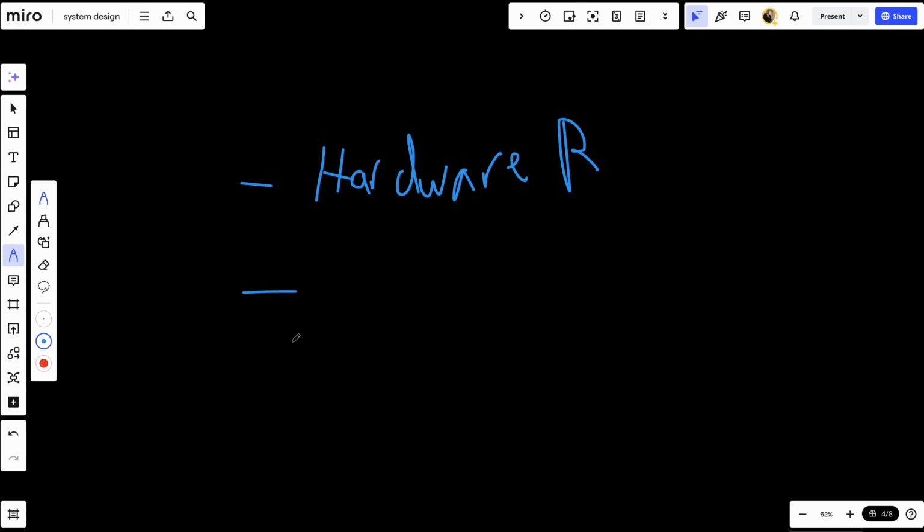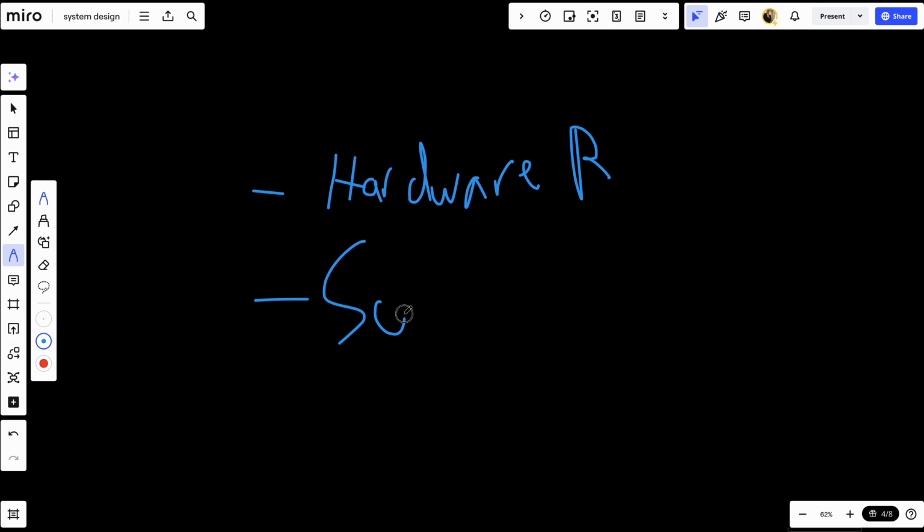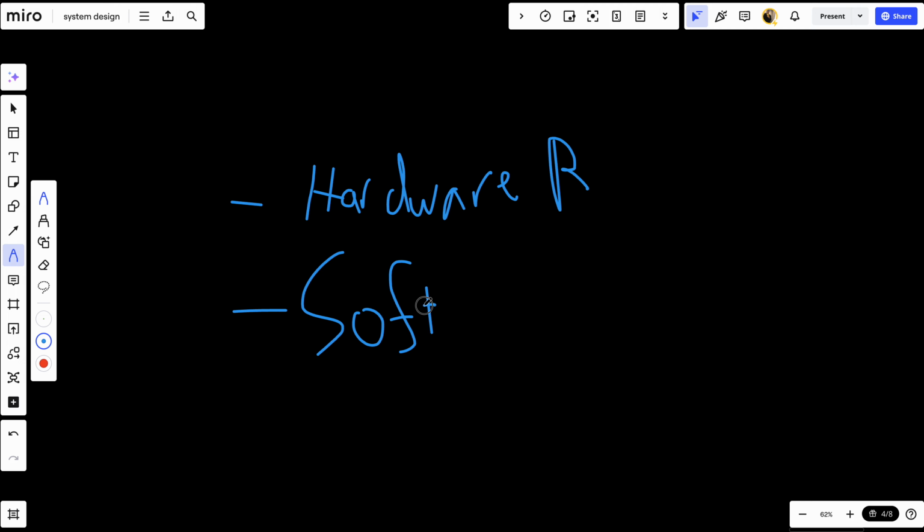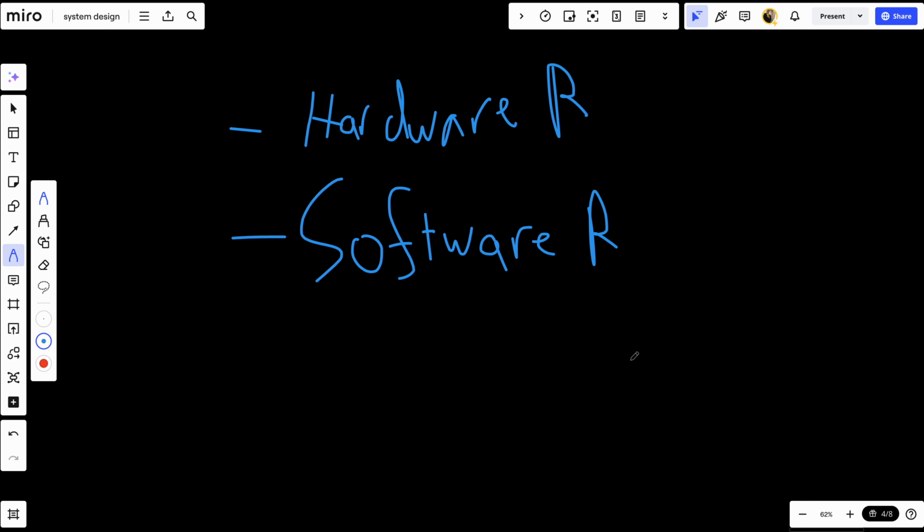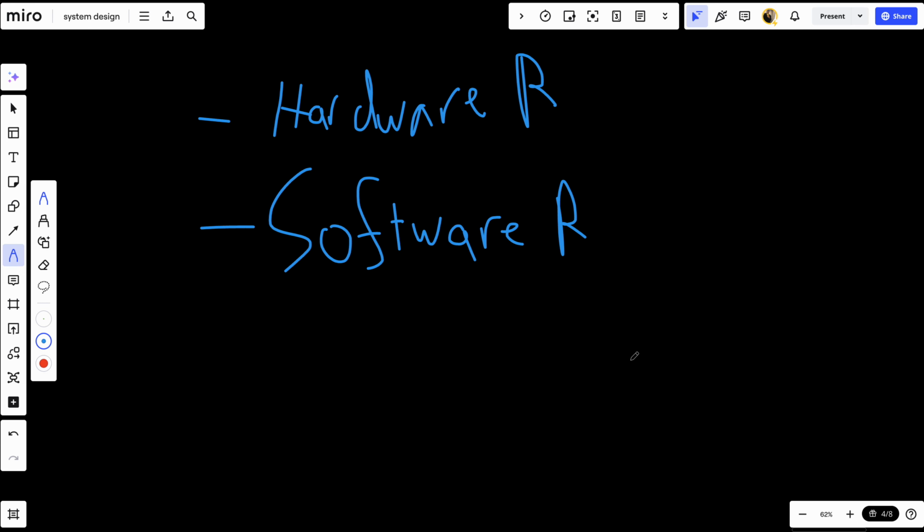Number two, there is software redundancy. It involves running multiple instances of the same software or service across different machines or environments to ensure continuous service.